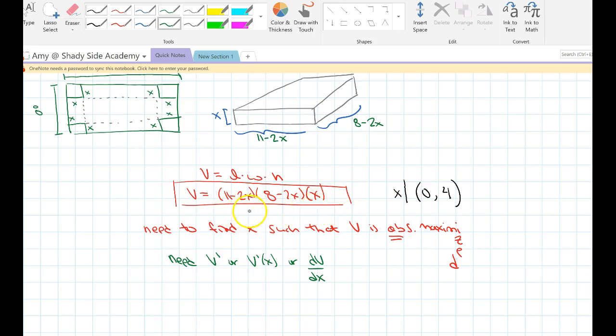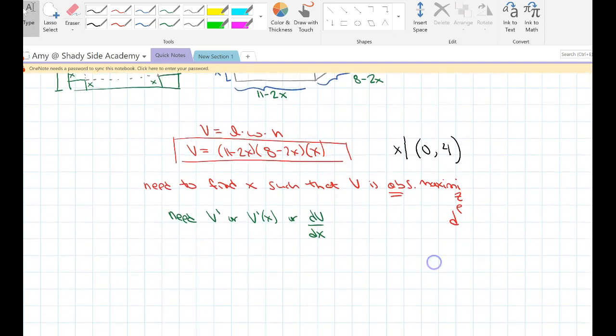Now, I have my own thoughts, but I think what I'm going to do is multiply these binomials and then distribute the x, and then just take the derivative term by term.